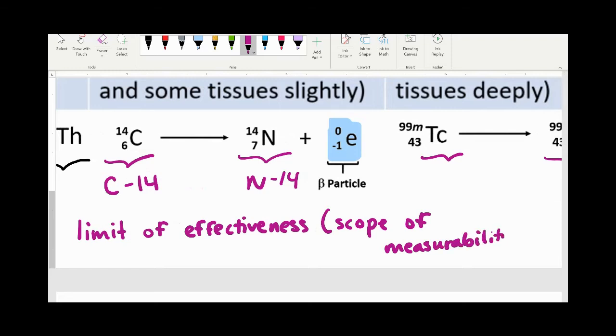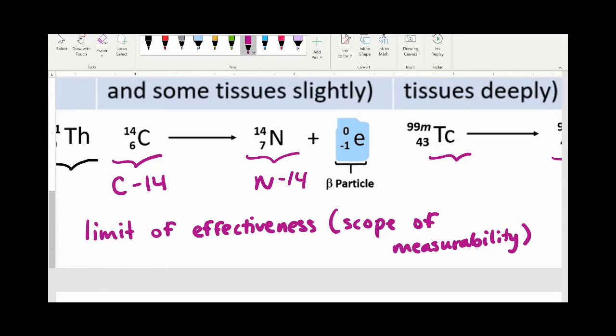What these two ideas refer to is that in science, different techniques, ideas, and processes are typically limited to a certain range of effectiveness, or limited as to the range of data that they can actually measure.